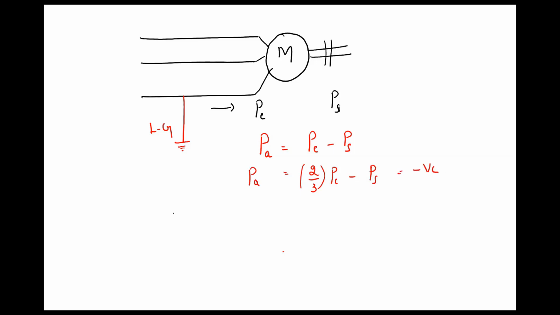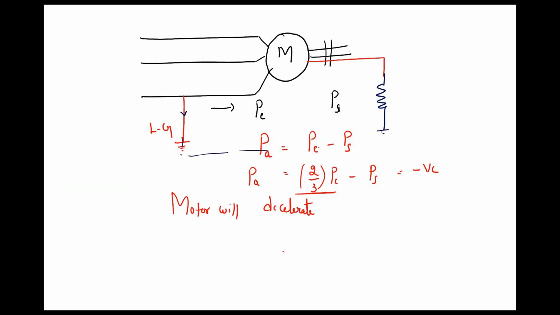So that means the motor will deaccelerate. I already told you, a generator will lose stability while accelerating, a motor will lose stability while deaccelerating. Okay, so we have to increase the power input. Understand? So if you ground the neutral of the motor with a resistor, then what happens?